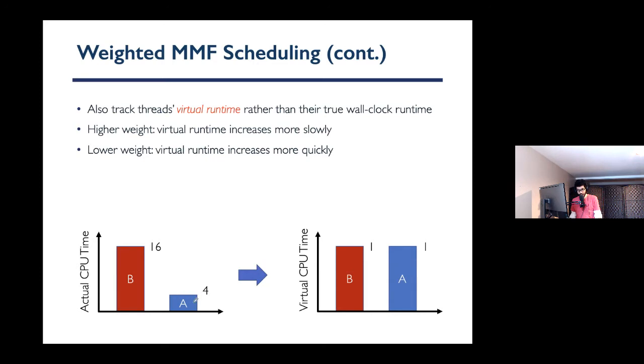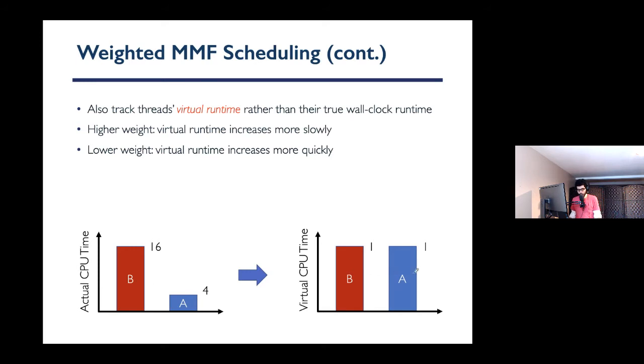Sorry, let's say A's weight is 4, then B's weight is 16, right? Now I divide A's time by its weight, I get 1. I divide B's time by 16, it gives me 1. So at this point, both of them are the same. Although B got more actual CPU time, it's okay because B has more weight.